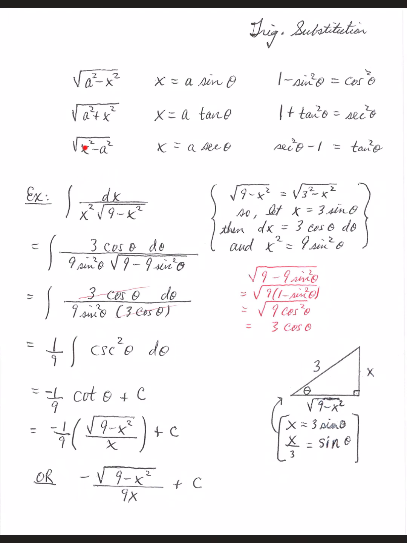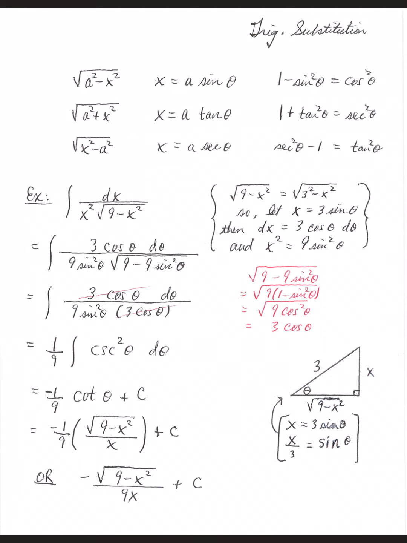If it's a variable term squared minus a constant term squared, then we have the subtraction accounted for in both directions. Specifically, if you find the following formats, the top format, if you see that in your problem, you can sub in x equals a sine theta, and then use the Pythagorean identity 1 minus sine squared theta to rewrite that term with a cosine squared theta.